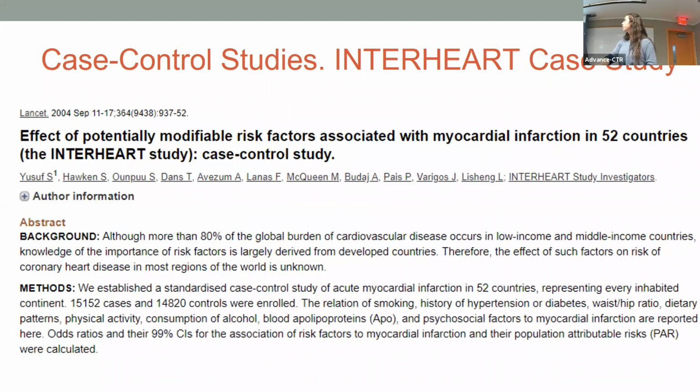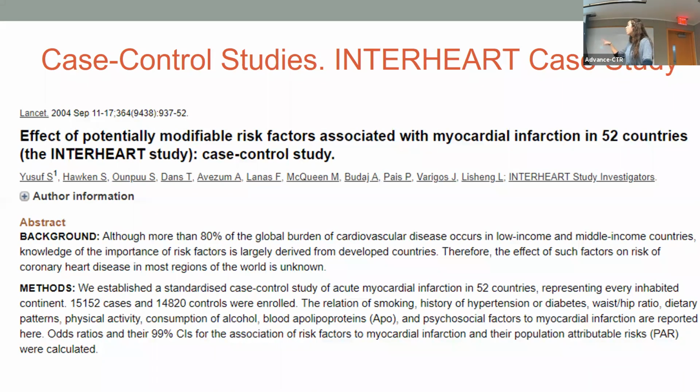So again, I had two case studies, but I'll just focus on one of these. This is a huge case control study called INTERHEART. Essentially, they were looking at acute myocardial infarction in 52 countries, with a total sample of 15,152 cases and 14,820 controls.